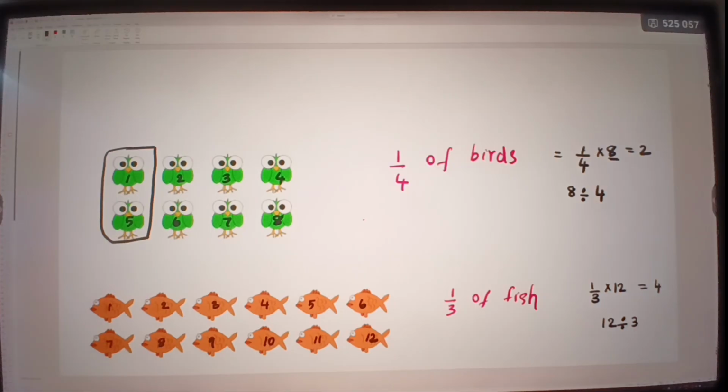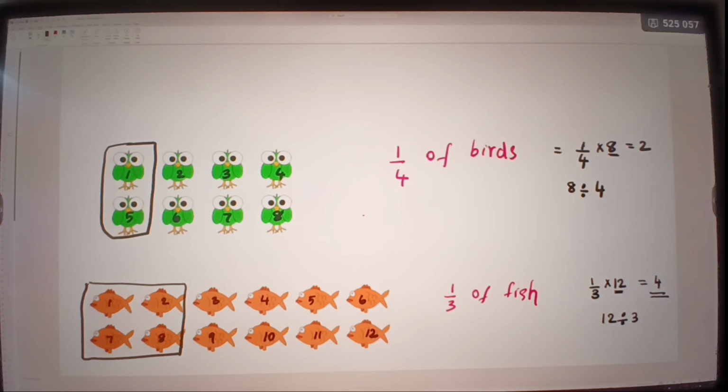So out of these 12 fishes, you want to get 4 fish. That is 1/3 of fish. Total 12 fishes are there, and you divide 12 by 3, which is equal to 4. So 4 fishes.